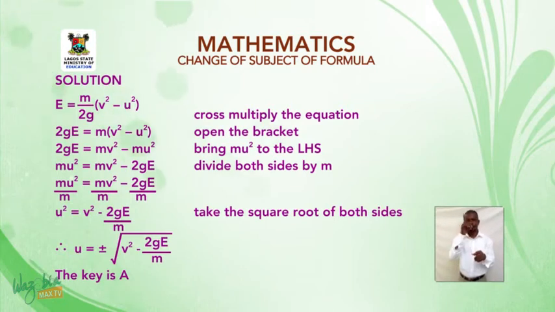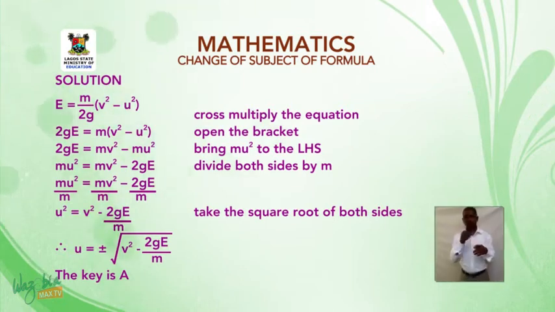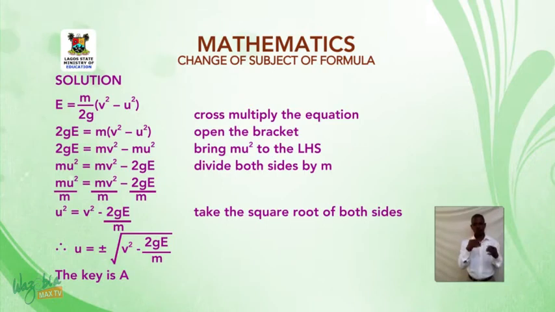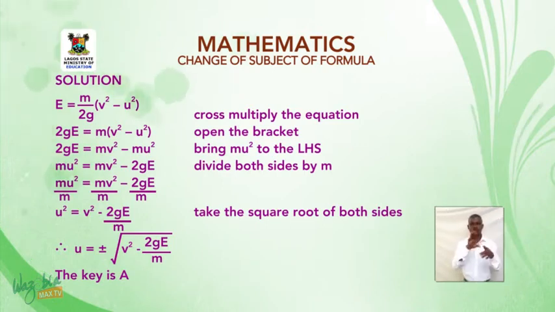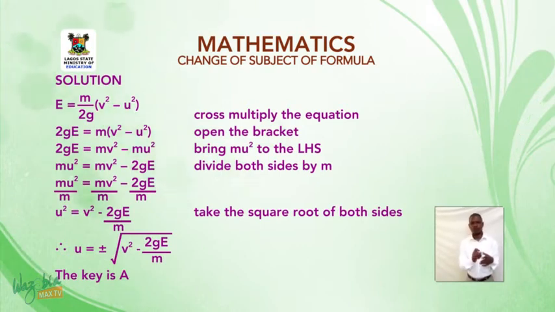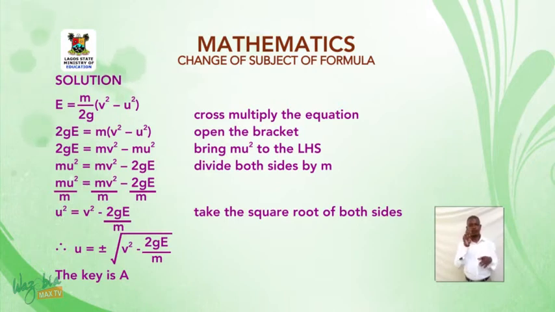Take the square root of both sides. Therefore, u is equal to plus or minus square root of v square minus 2gE all over m.